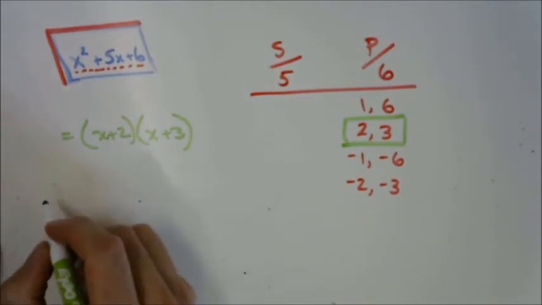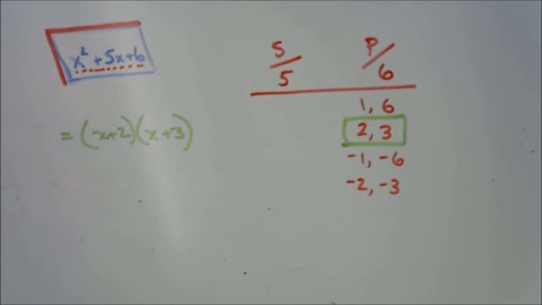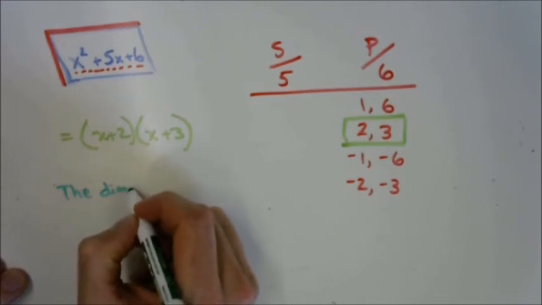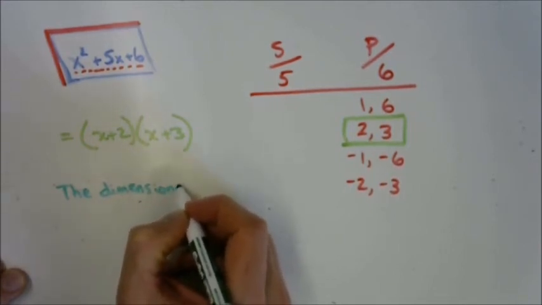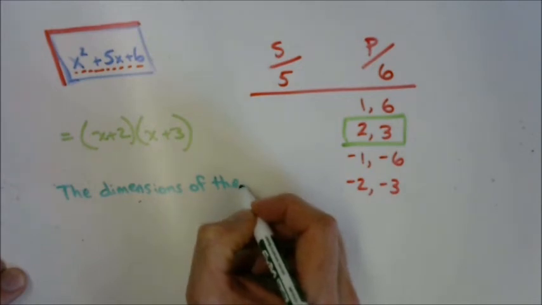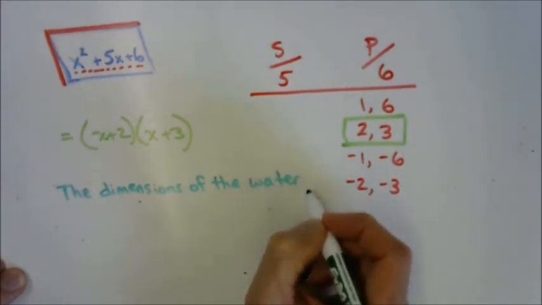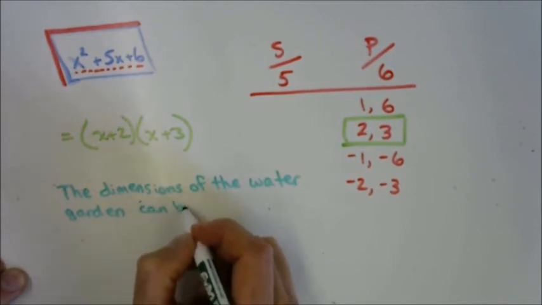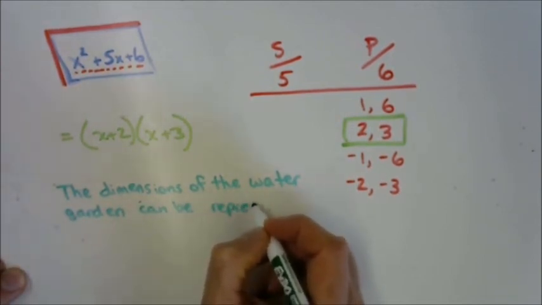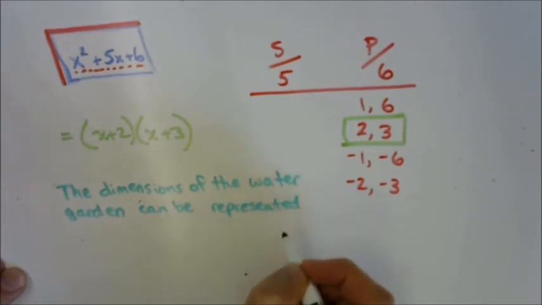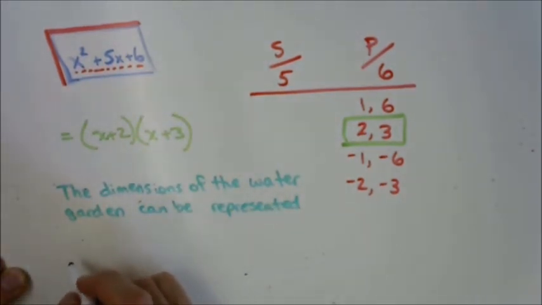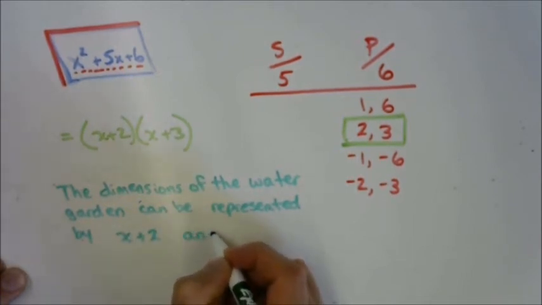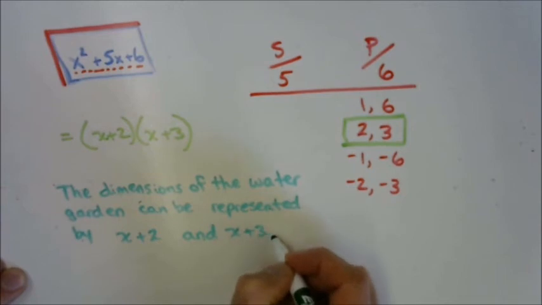And because it's a word problem, we need to represent our final answer in a sentence. The dimensions of the water garden can be represented by x plus 2 and x plus 3.